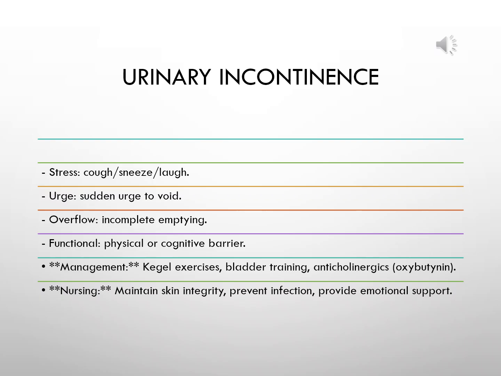This is not always a normal consequence of aging, but aging does increase risks for it. So not everybody pees themselves when they're older, but older people do have a higher risk of this because usually their urethral sphincter gets a little bit weaker, or there's different neuromuscular problems with the control of urination.